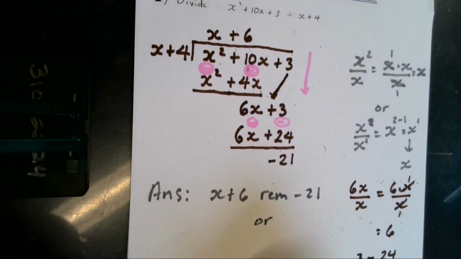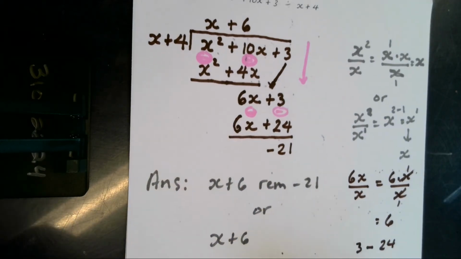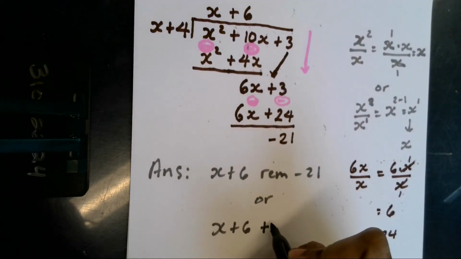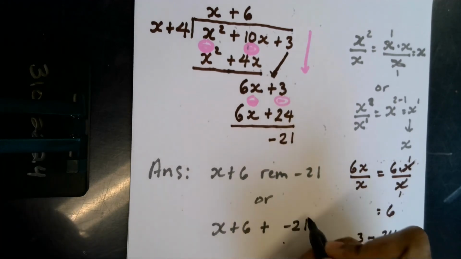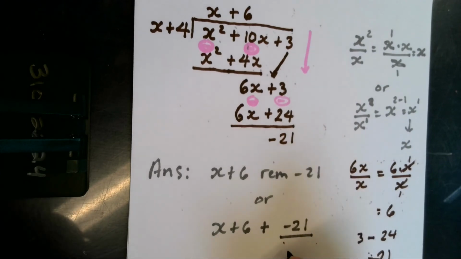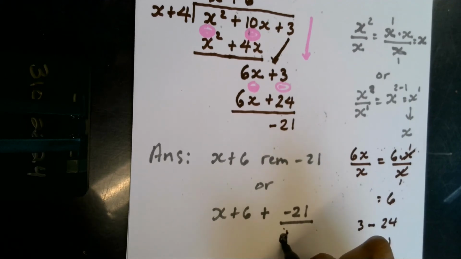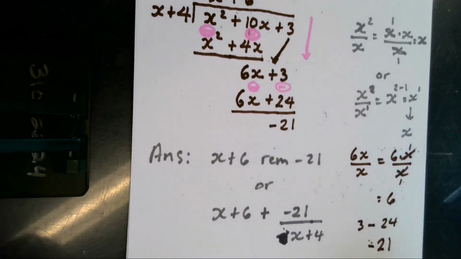Or you can say x plus 6 and, plus means and, negative 21, which is our remainder, over x plus 4, which is our divisor.